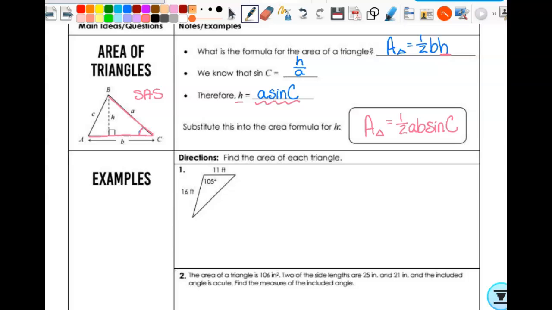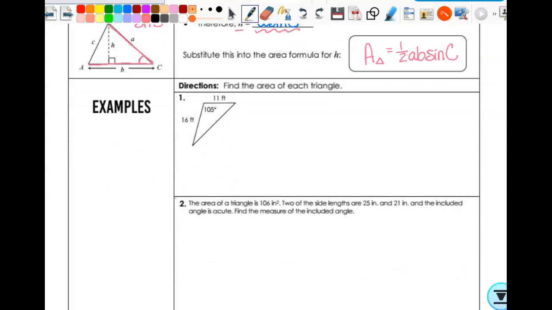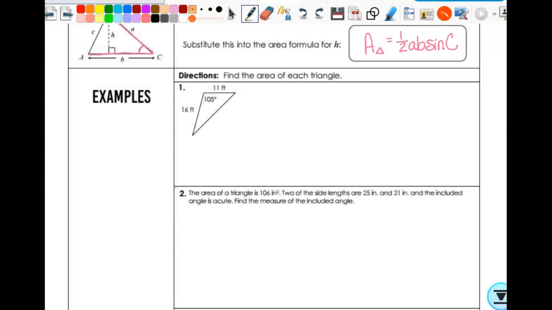Okay, so we're going to find the area of this triangle here. So I have side angle side here, so I just get to substitute it in. Area of the triangle is equal to 1/2. And it doesn't matter which one a and b is anyway, just one of the two sides. So 1/2 times 16 times 11 times the sine of 105. Then you just put that in the calculator.